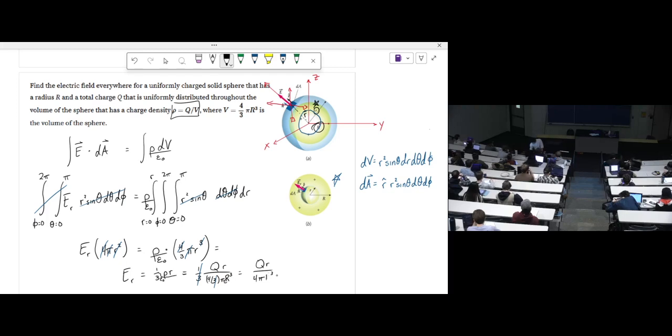Yeah, and this, my solution is wrong on Canvas. I'll try to fix that. It's off by a factor of 4. I just left it out on my final solution. Sorry about that.